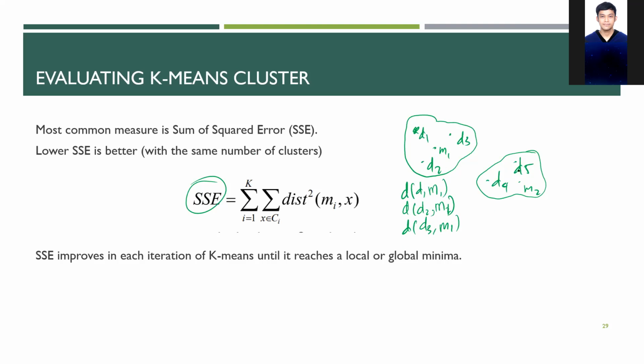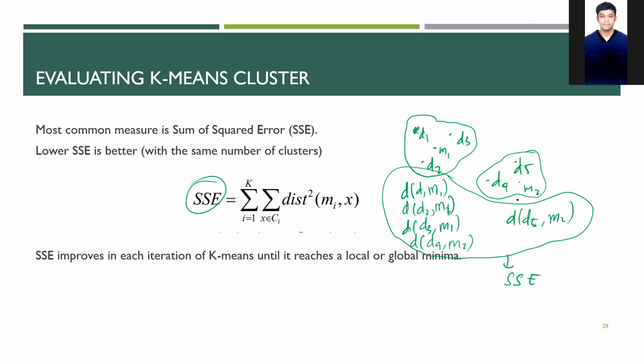But data 4 and 5 belong to cluster 2, so the distance between data 4 and centroid 2 and data 5 and centroid 2. So SSE is the total of these distances. This one is the SSE.